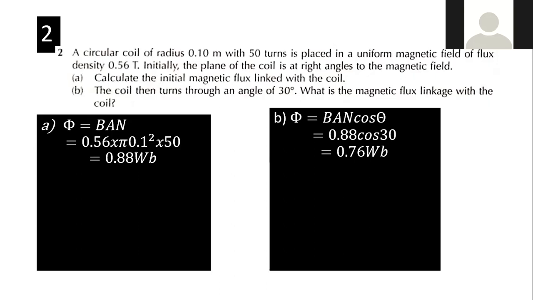Refer to the notes. This one is the angle the area made with the original direction. So it's the same as the angle that the normal made with the field. That's why you use cos.